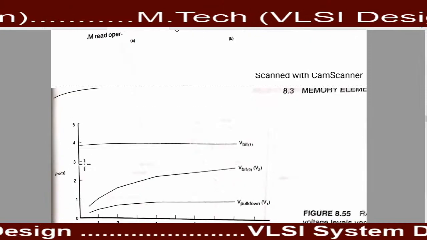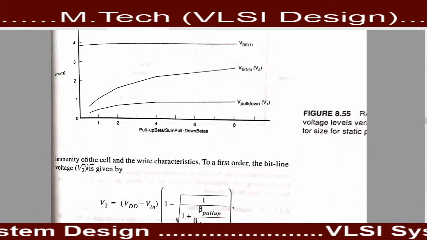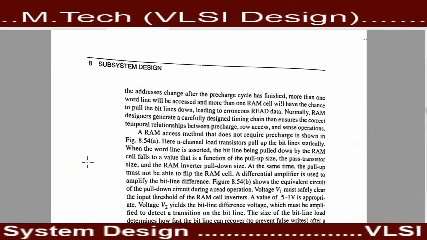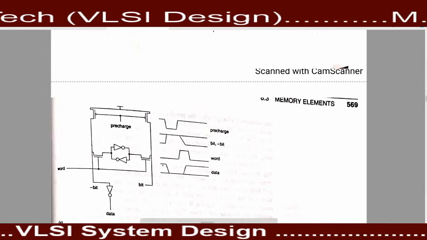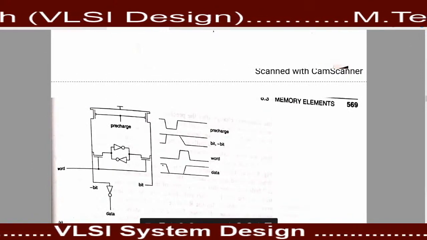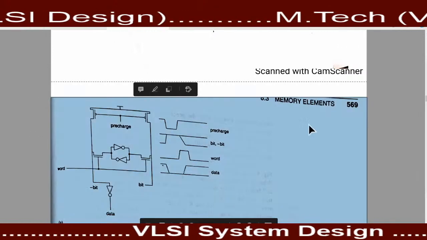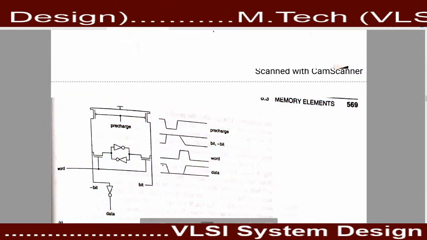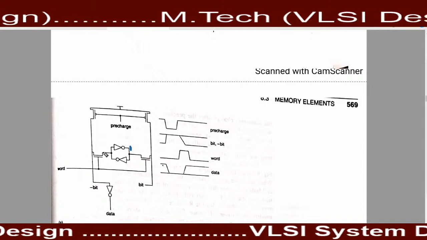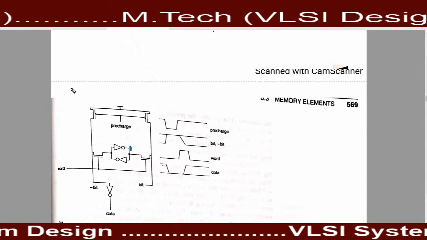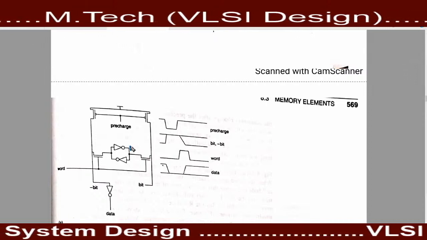And the writing operation is the same as the reading operation. What happens in the writing operation? In the writing operation, if the input is 1 here, by using the SRAM operation, we can change the data that is provided here.